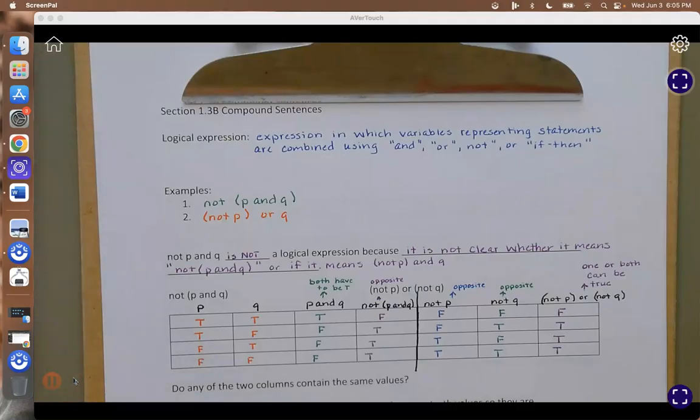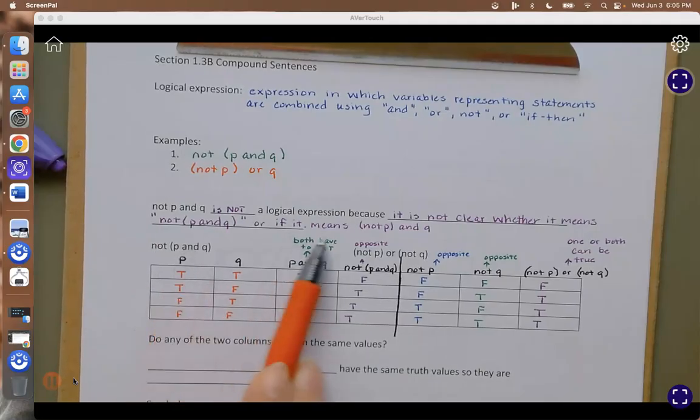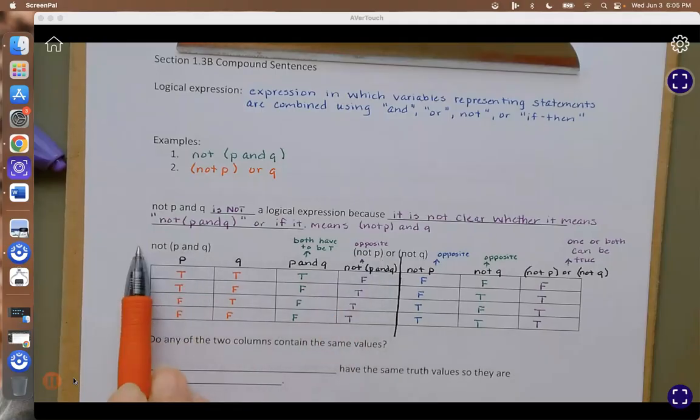Now, the question is, do any of these two columns have the same truth value? So if we look here, no, nothing has that. Oh, look, right here. So watch what happened here. When you do a not, it distributes to each piece, and when you not an and, it becomes an or. So it's kind of like distributive property. Okay?